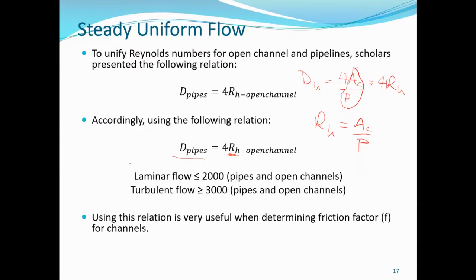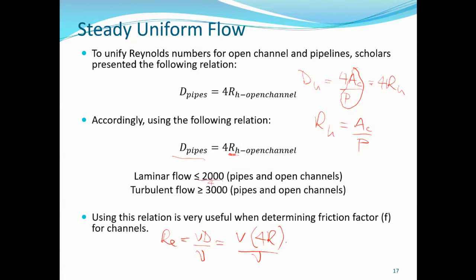And in this case, in the Reynolds number, you use VD, where D is the hydraulic diameter, which is the pipe diameter in the case of a circular pipe. So here we will replace D with 4R over nu. And for laminar flow in open channel, you divide this by 4.